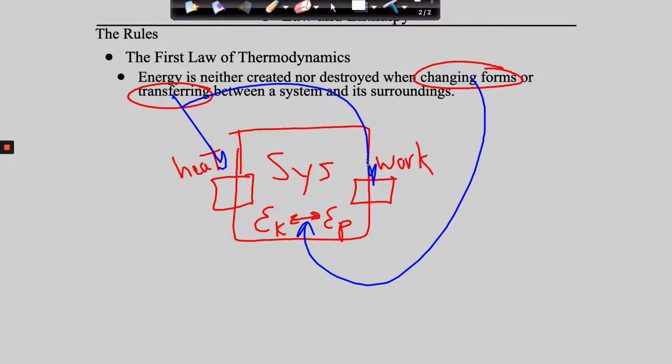And now you're going, wait a minute, I've heard this idea of neither created nor destroyed in what other context? Law of conservation of mass. So guys, there's this idea that matter is never created or destroyed. Now we have an additional idea that importantly says that energy is never created or destroyed.